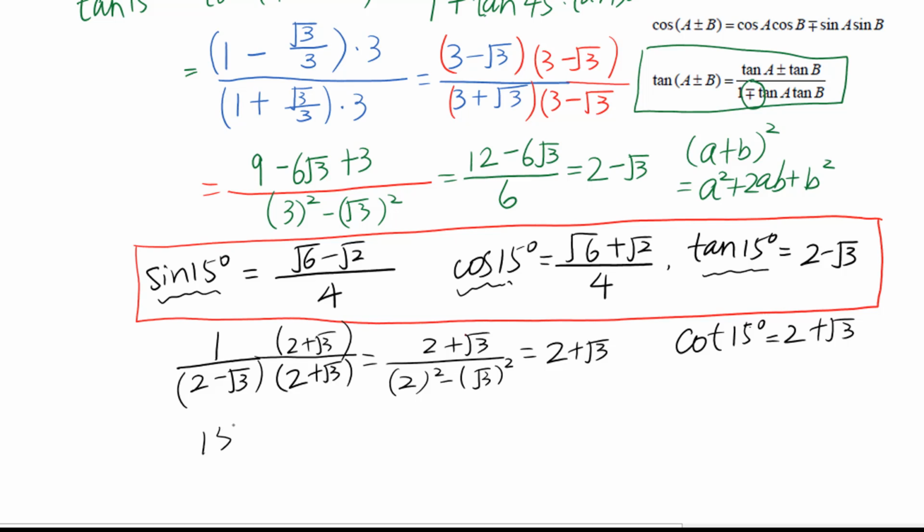Then check for 15 degree and a 75 degree. You add these 2 degrees, you get the 90 degree. So we can use a cofunction formula to figure out trig function of 75 degree. We know sine 15 degree equals cosine 75 degree, according to the cofunction formula.